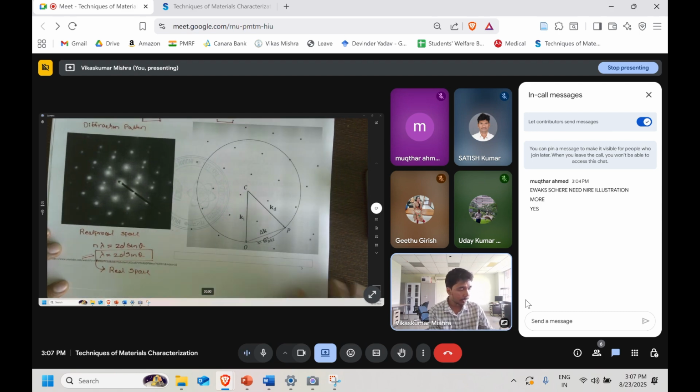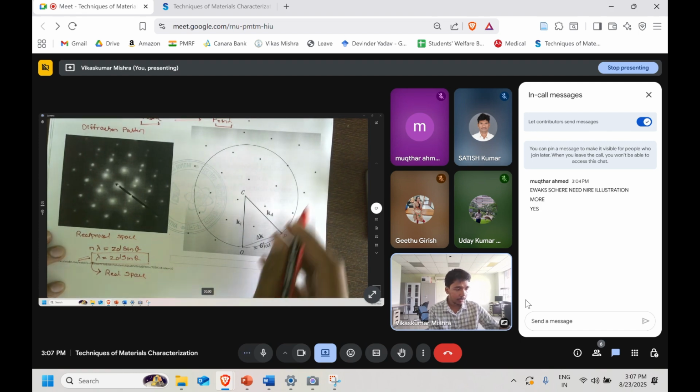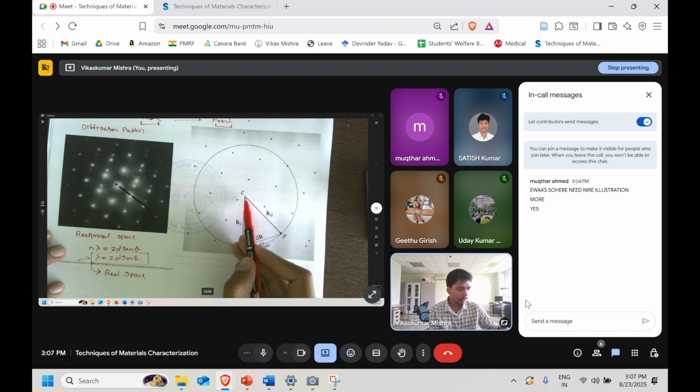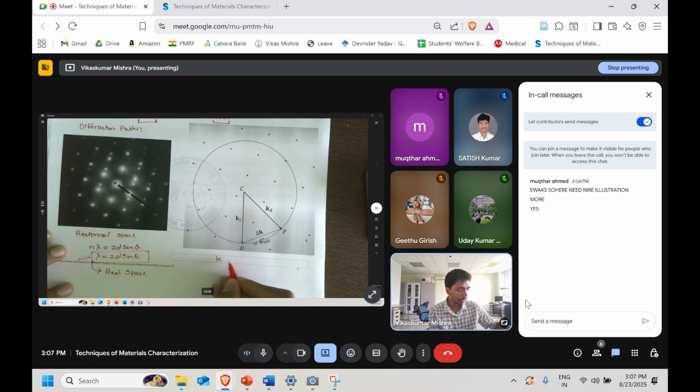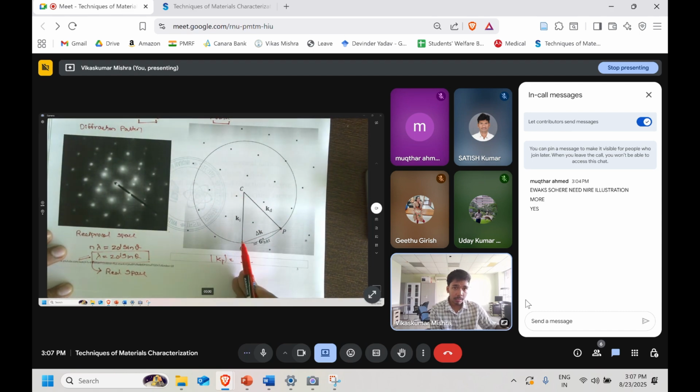For example, consider this is my direct beam, where ki, the wave vector, has magnitude 1 over lambda. Taking this as the radius, I draw a sphere.